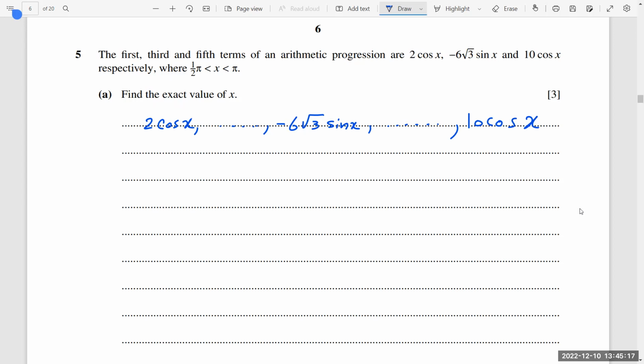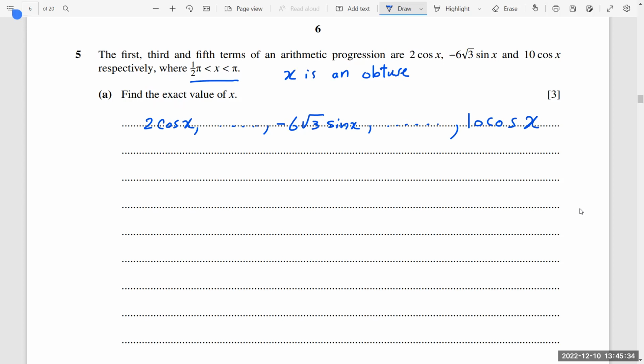And x lies between half pi and pi. It means x is an obtuse angle, so the sine is positive and the cosine is negative.